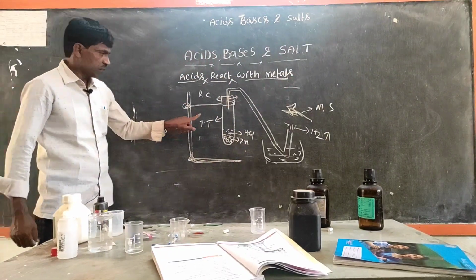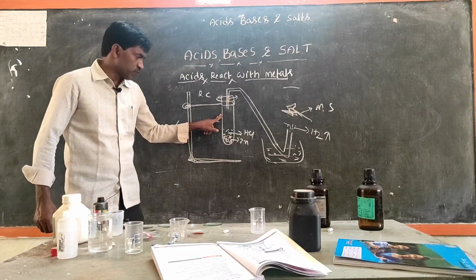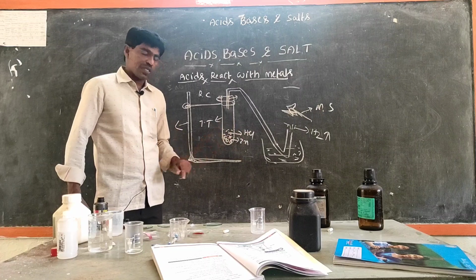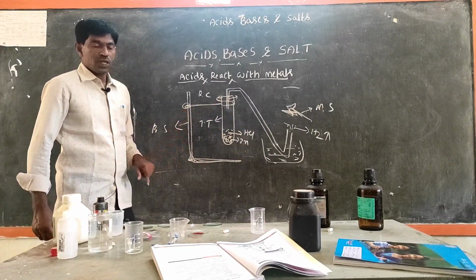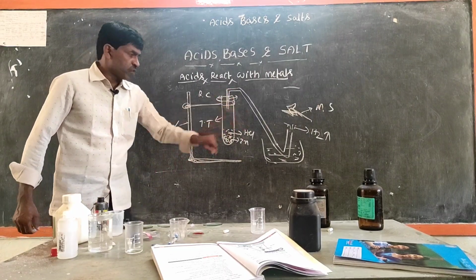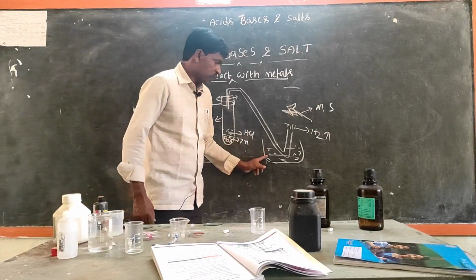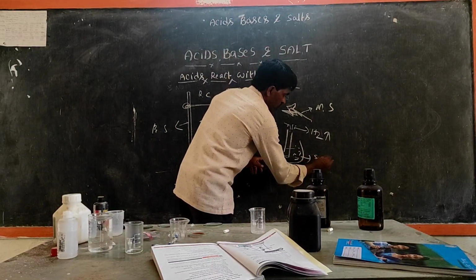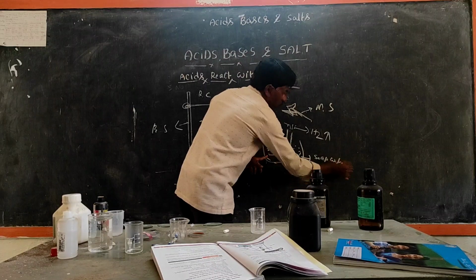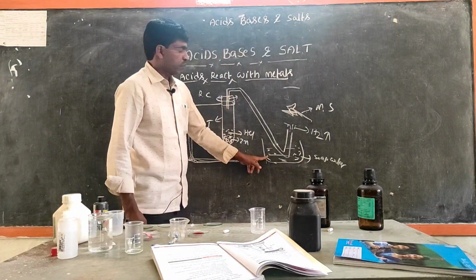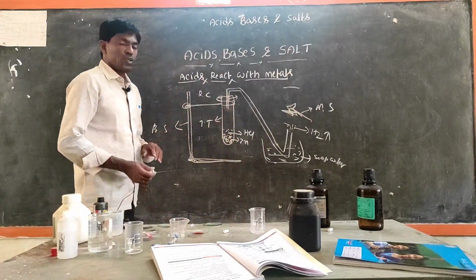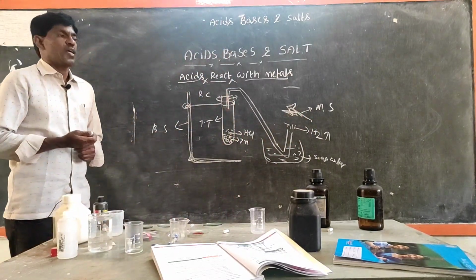Retort stand, boiling test tube, some zinc granules and HCl, rubber cork, delivery tube, soap water, hydrogen gas and a matchstick. That is the diagram and the parts of the diagram.